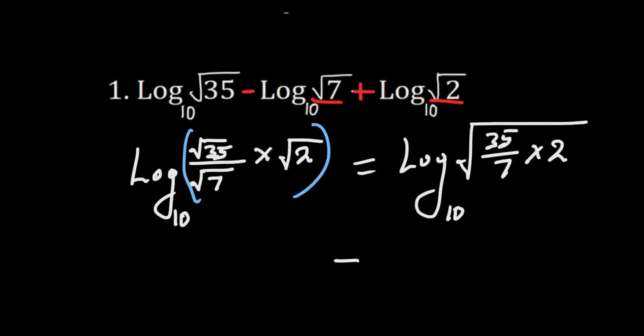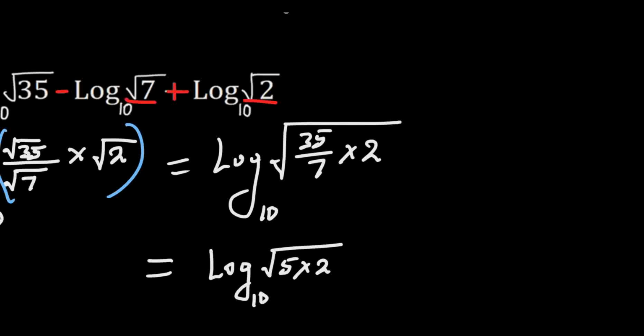And this will be equals to log the square root of 35 divided by 7 is 5, 5 times 2 to base 10.